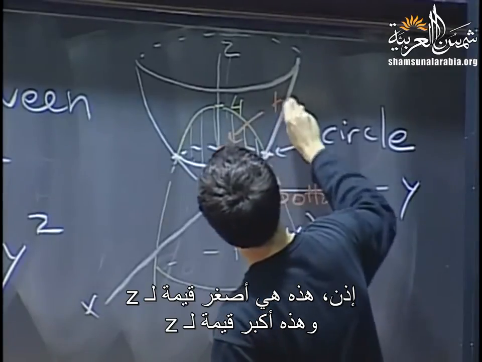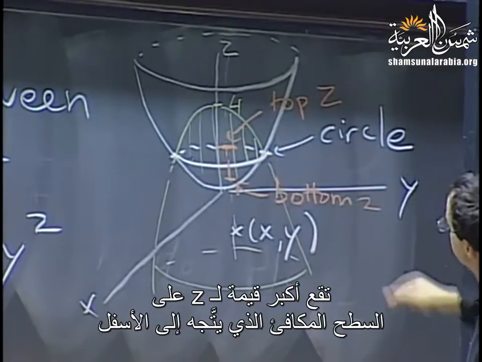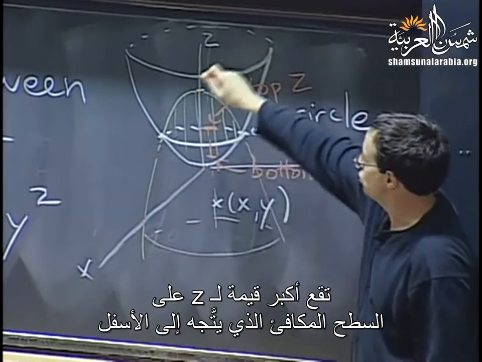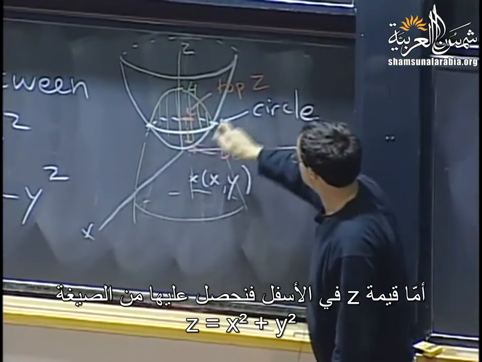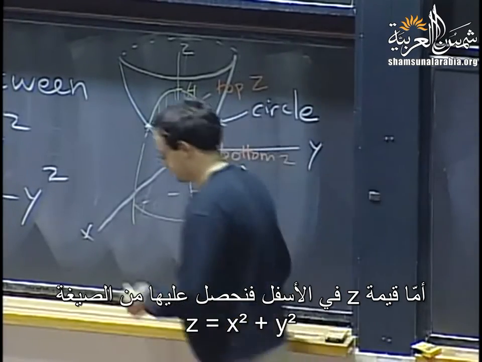The top z is on the downward paraboloid, so it's 4 minus x squared minus y squared. The bottom value of z is x squared plus y squared.